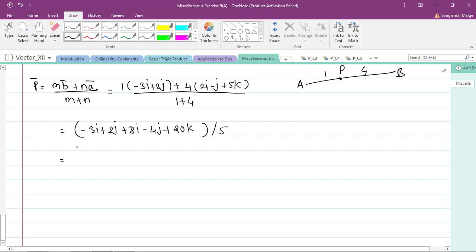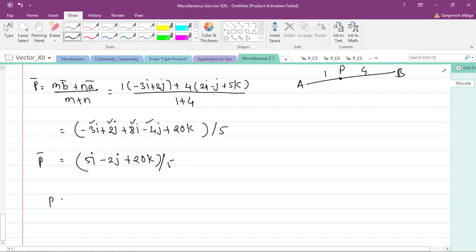Okay, now minus 3 plus 8 is plus 5i, then 2 minus 4 is minus 2j, then plus 20k, whole divided by 5. So this is the position vector of point P.